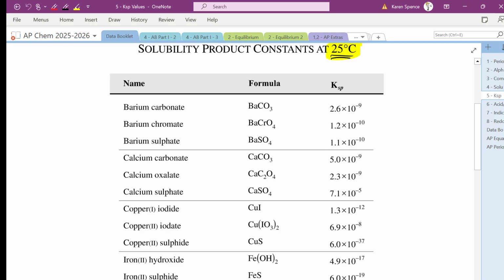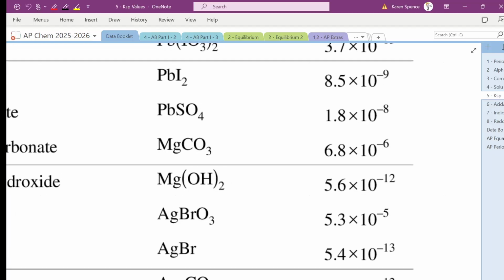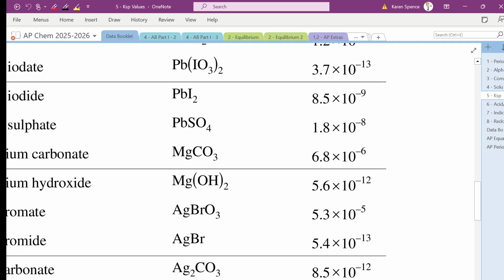For example, magnesium hydroxide has a Ksp, which is the dissociation constant, for Mg2+ plus 2OH-, of 5.6 times 10 to the minus 12.